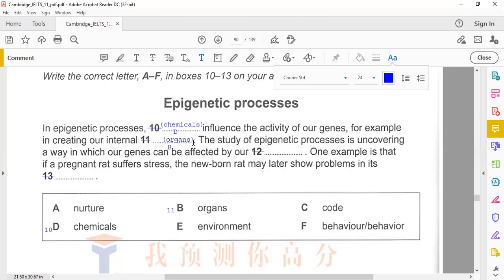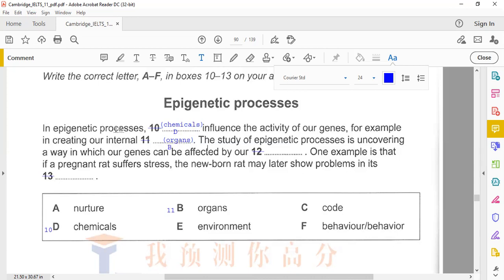So organs, B is the right option. I'm not writing the letters A, B, C in the empty space, so it should not interfere with your process of thinking. Because we have to read it again and again, that's why I am writing these words, not the letters.